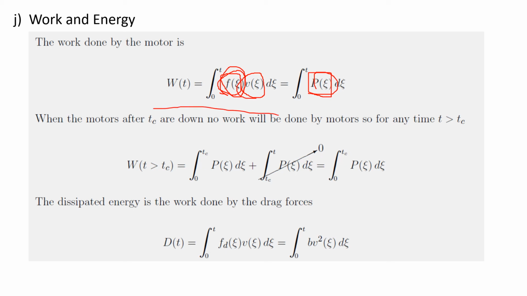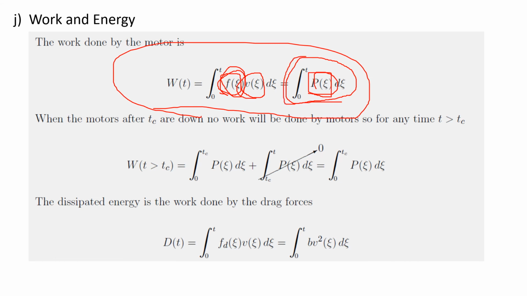So first one, we will get this one. We need to implement the integral inside MATLAB to help us calculate this function. And remember we shut down the engine, so the work done by the motor becomes 0 as the time is larger than Tc, the shutdown time.